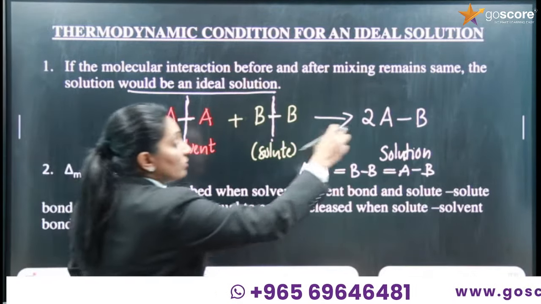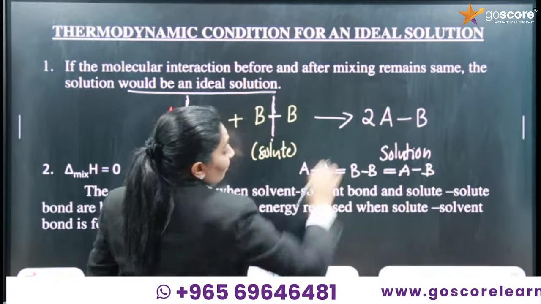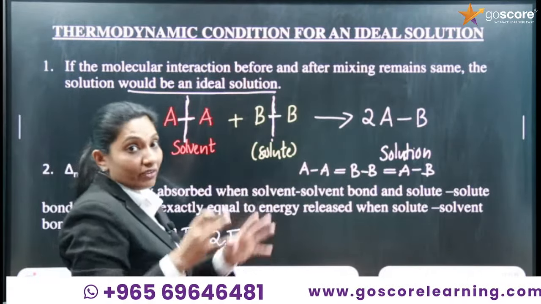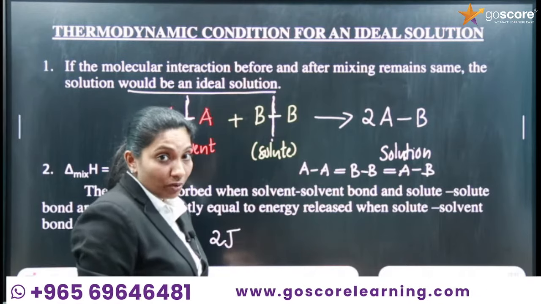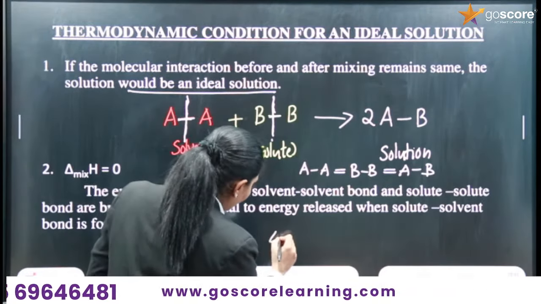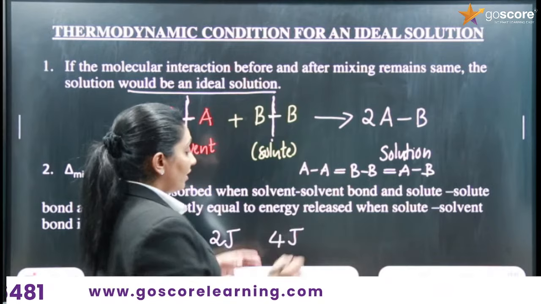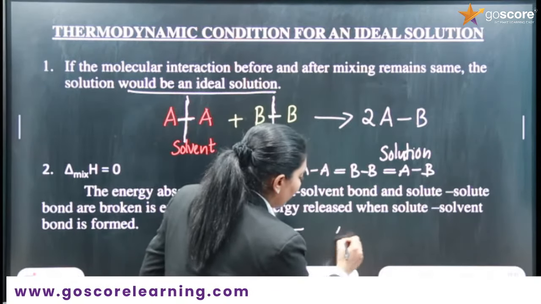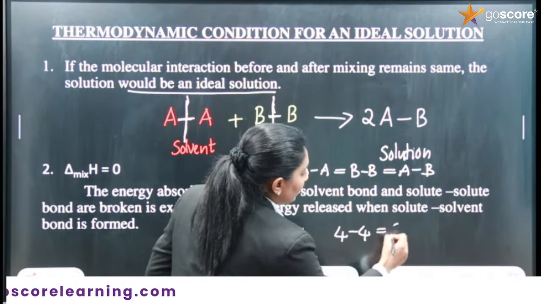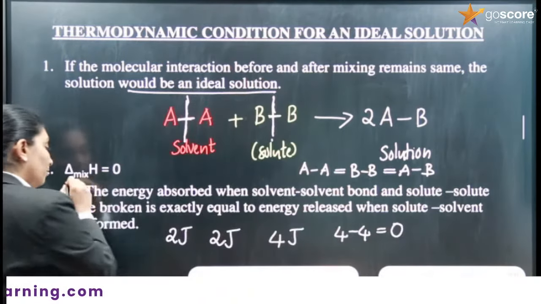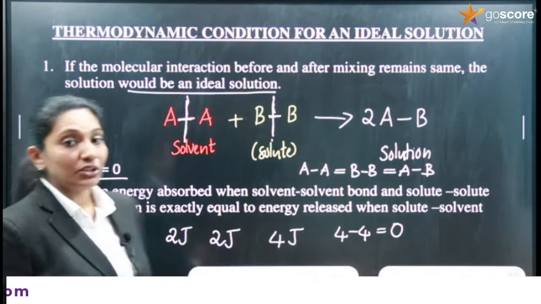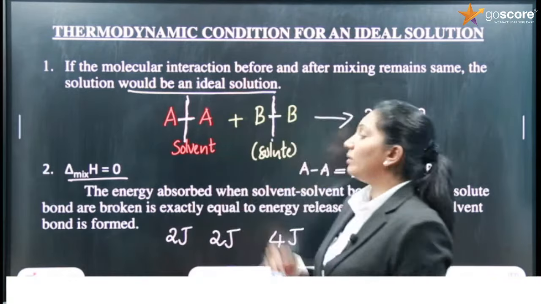So for an ideal solution, the energy released when the solute and solvent join and a new bond is formed between them will be 4 joules. So here the enthalpy change will be 4 minus 4, that is 0. That is the second point. Here for an ideal solution, delta H mixing will be 0.